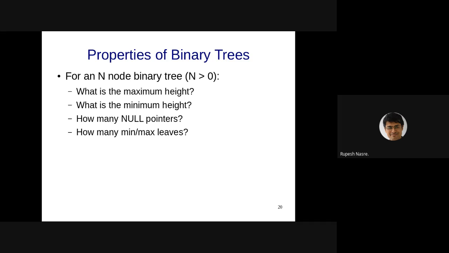How many minimum number of leaves could be present in an n-node binary tree, and how many maximum number of leaves could be present in an n-node binary tree, right? So these are the questions that we would like to think about. So please spend time on this. Let's discuss the first one first. What is the maximum height you can get?